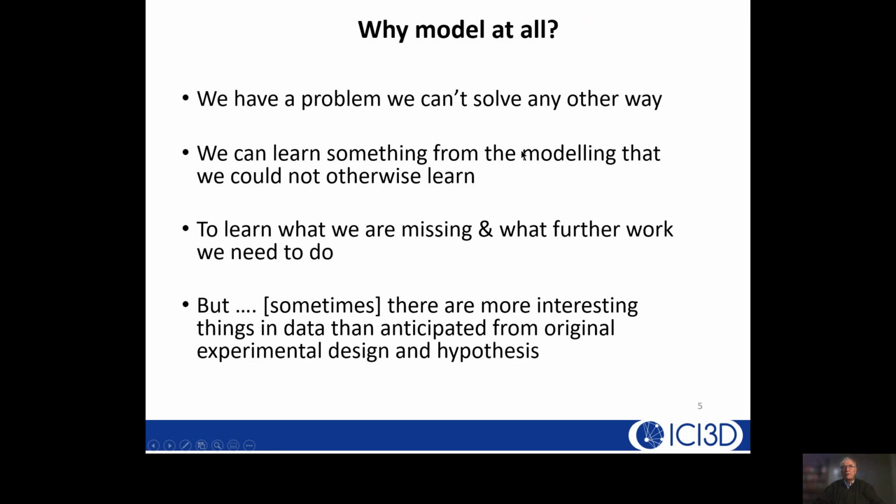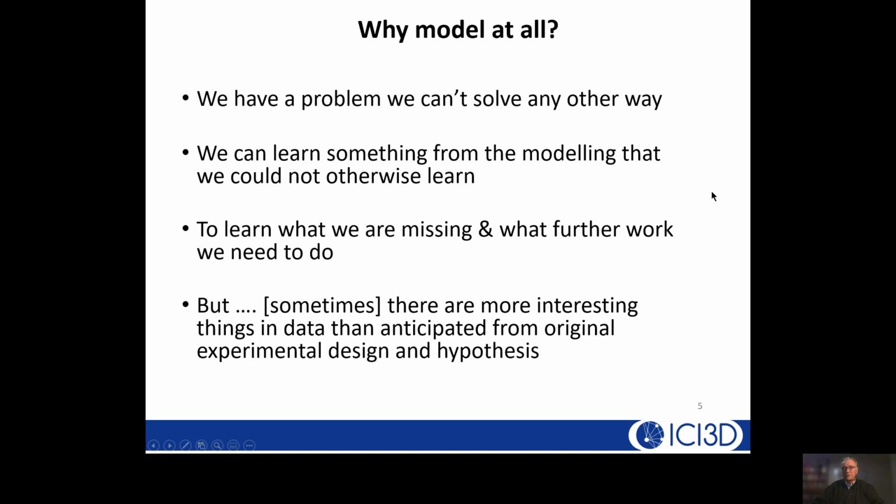The question is, why would we want to model at all? One reason is that we've got a problem that we can't actually solve any other way. We've tried doing the graphing and the tables and the statistical analysis, but there is something that we don't understand. We don't know how to get at it. Also, we might learn something from the modeling that we couldn't otherwise learn, and also to learn what we're missing.